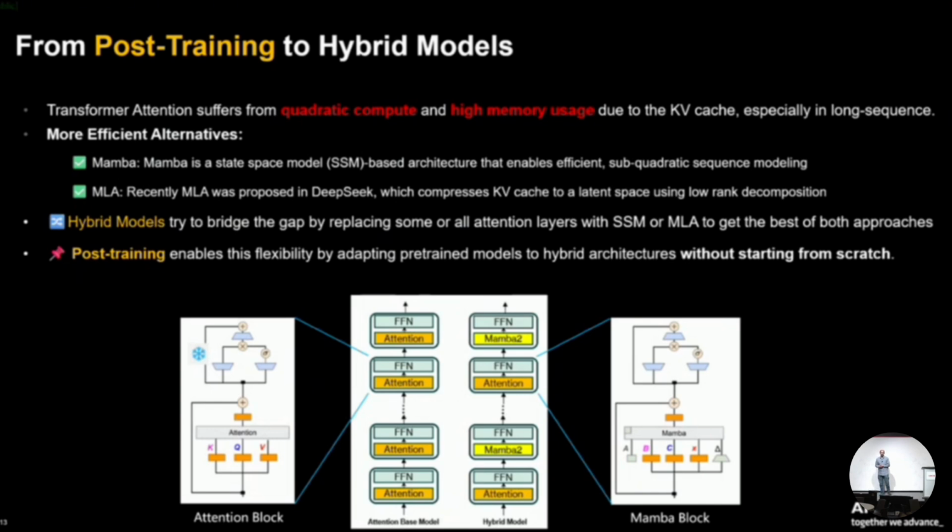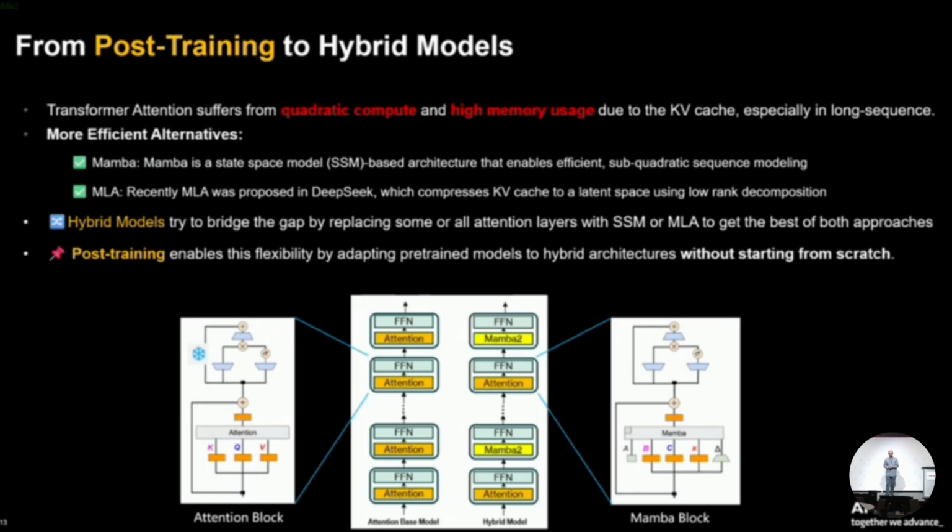If we want to deal with these computational issues of transformers, one approach is to replace the token mixing happening in the attention mechanism with other alternatives like Mamba, which is a state space model that works in a way similar to RNNs.